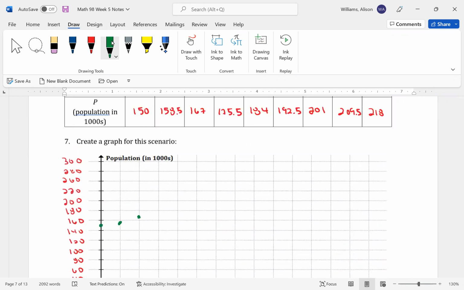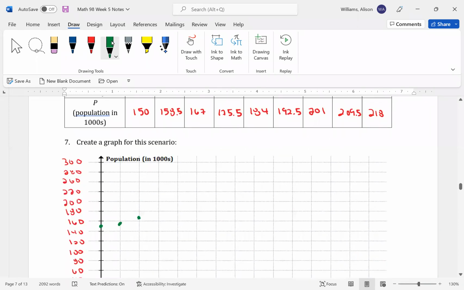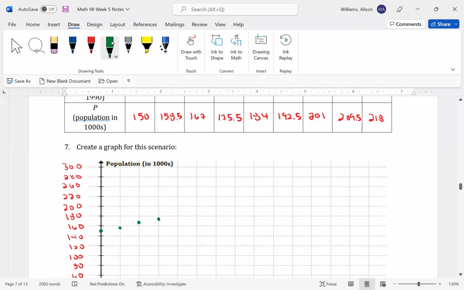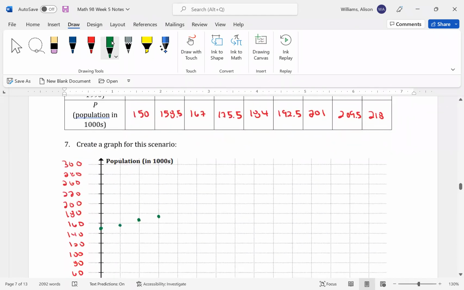It goes 175.5, which is going to be closer to the 180. It's kind of sloppy looking. There we go. Okay. And then at year 4, we're at 184.